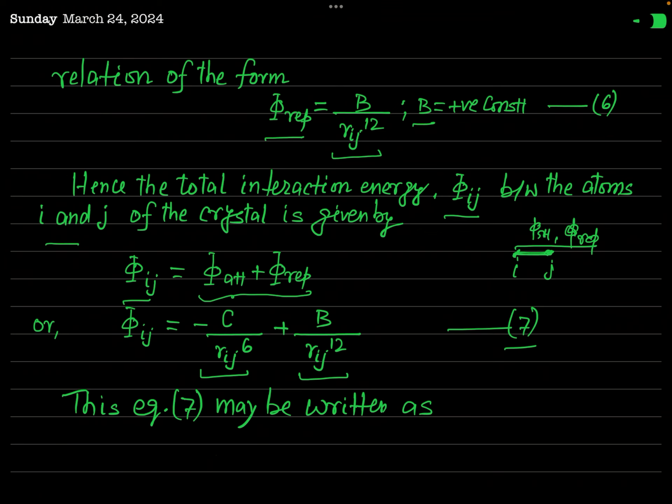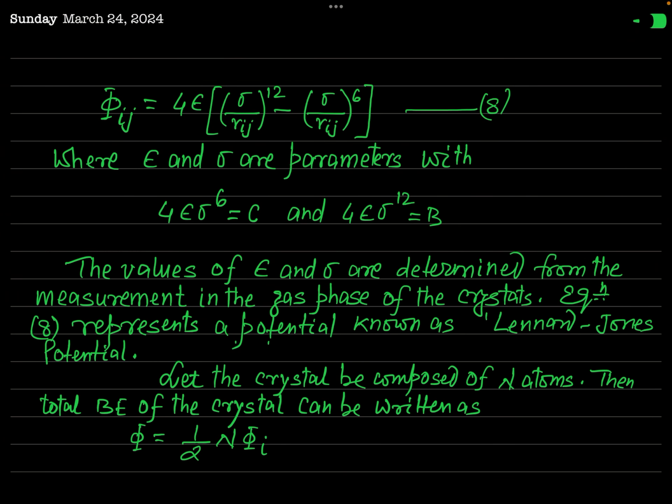Actually these constants C and B are expressed in terms of two very important parameters, denoted by the symbols epsilon and sigma. How these two parameters are defined in terms of B and C, you can see here and remember, and then in terms of these two parameters, equation 7 is expressed for convenience.